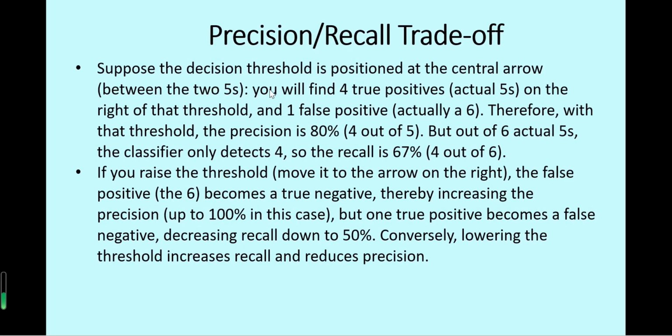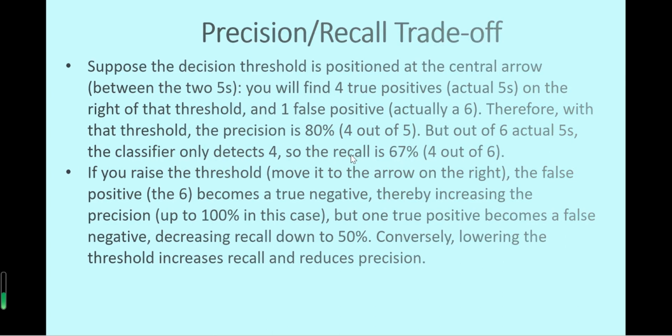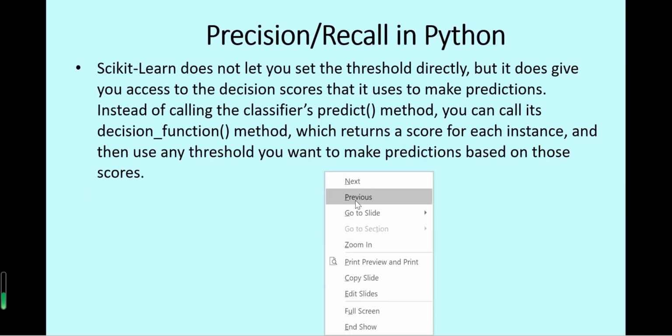Suppose the decision threshold is positioned at the central arrow between the two fives. You will find 4 true positives to the right of the threshold and 1 false positive. Therefore, with that threshold, the precision is 80%. But out of 6 actual fives, the classifier only detects 4. So the recall is 67%. What does this mean?